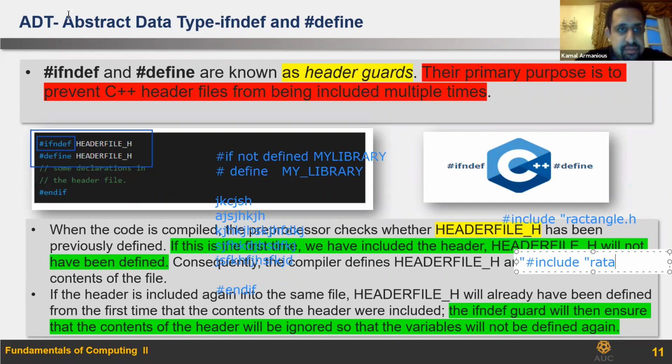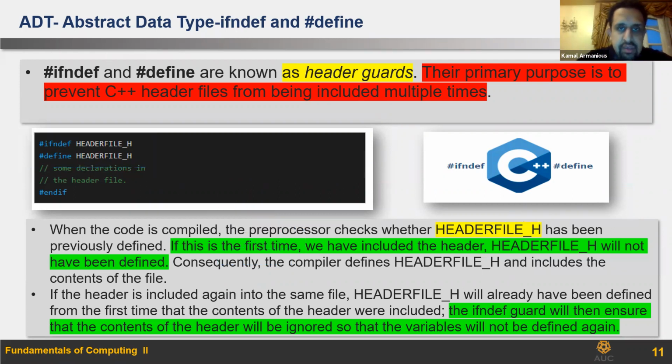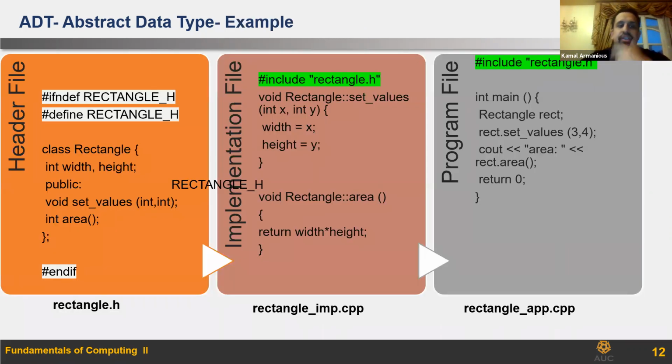I'll give you an example. I have this file, it includes rectangle.h. This file also includes rectangle.h. Inside rectangle.h, I say if not defined rectangle underscore h, define rectangle underscore h, and then here it's endif.